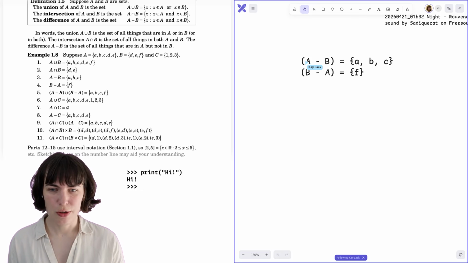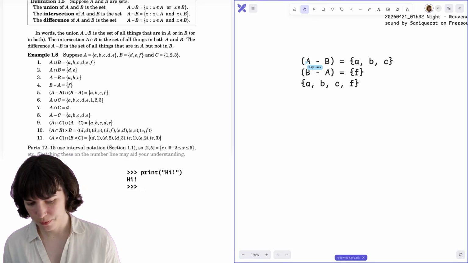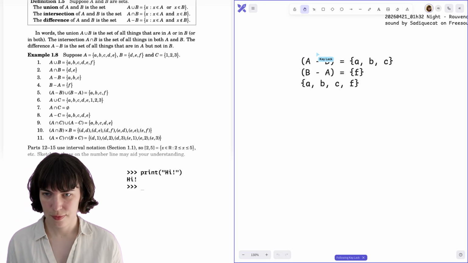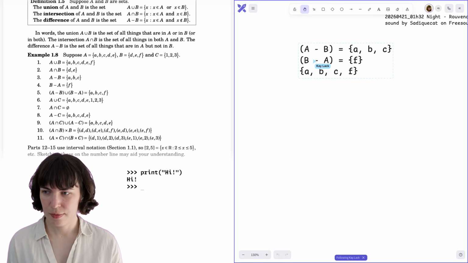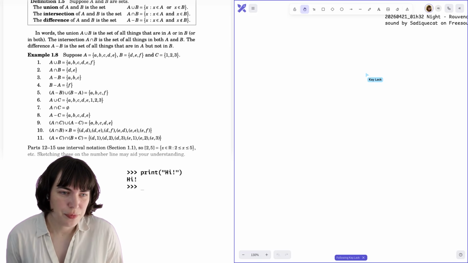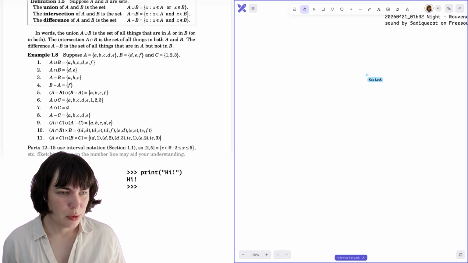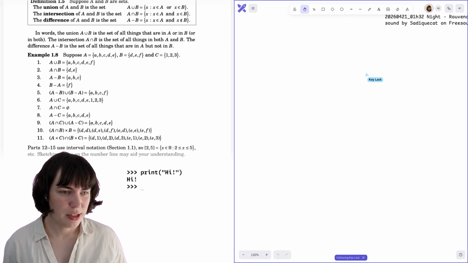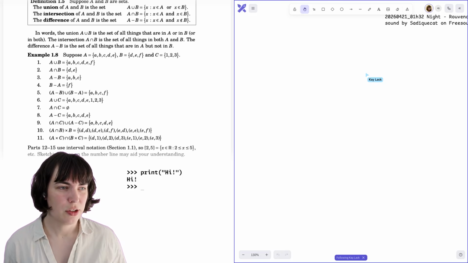And then if we union those, we should get a, b, c, and f, which is what we get. Makes sense. A union C is a, b, c, d, e, 1, 2, 3. A intersection C, there's nothing which is in A that is in C, so we get the empty set there.